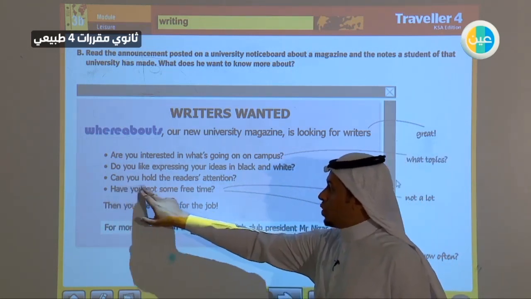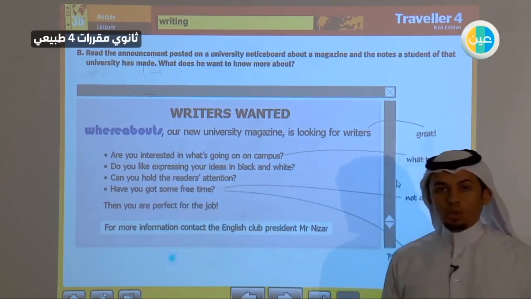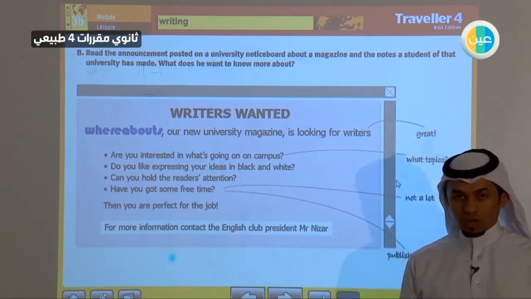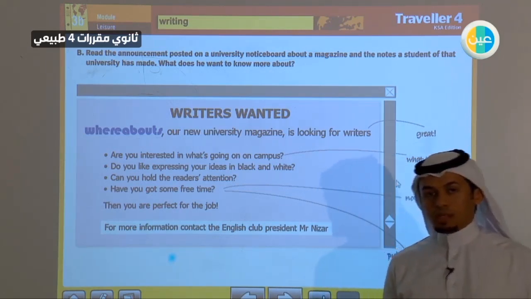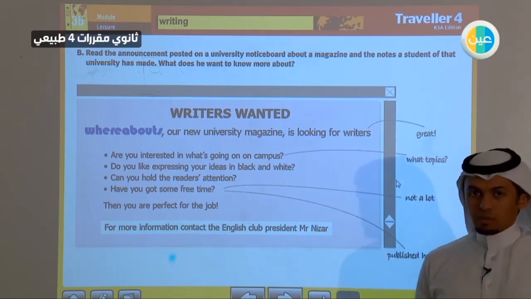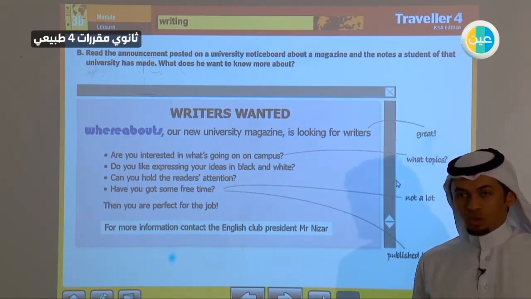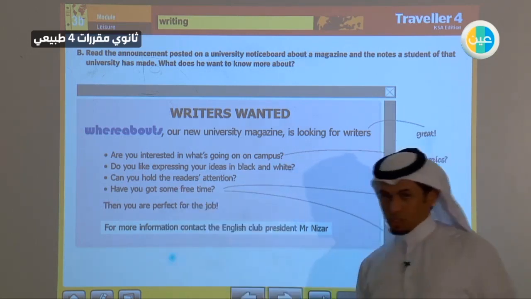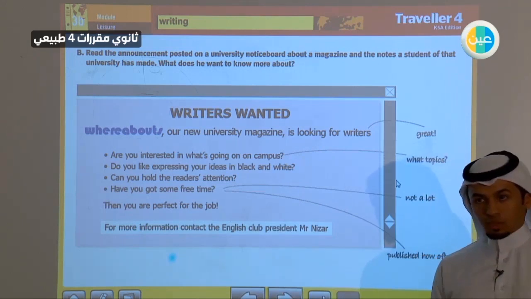Next, can you hold the reader's attention? When you write something in the newspaper or in the magazine, you cannot see the readers, but can you hold their attention? Can you attract them to make them love what you write about?